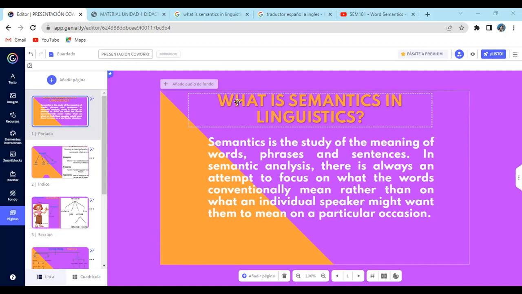As you can see here in the definition, it says that semantics focuses on the meanings of the words, phrases, and sentences. Not just because it is a word, it is a phrase, or it is a sentence. Here, semantics explains the characteristics of each word, phrase, and sentence.